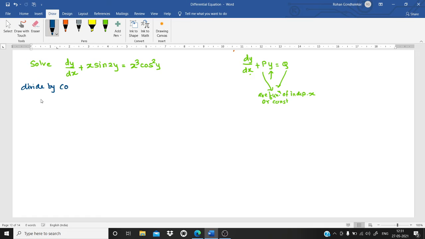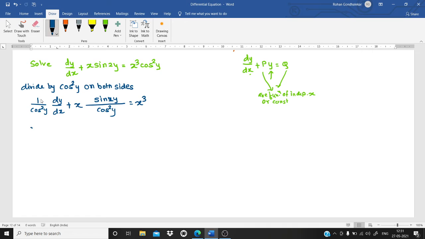So divide by cos square y on both sides. When we divide it by cos square y on both sides, we get 1 upon cos square y into dy by dx plus x divided by cos square y, and in the numerator you have sin 2y, is equal to x.